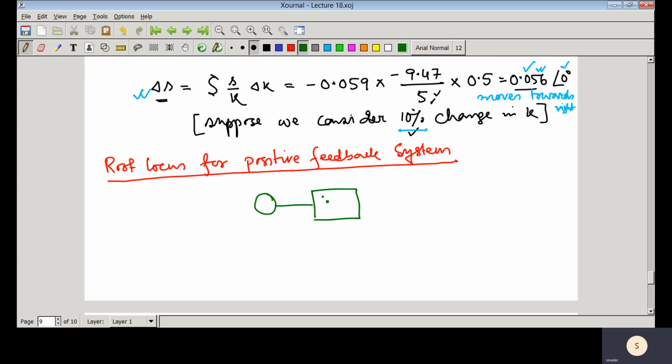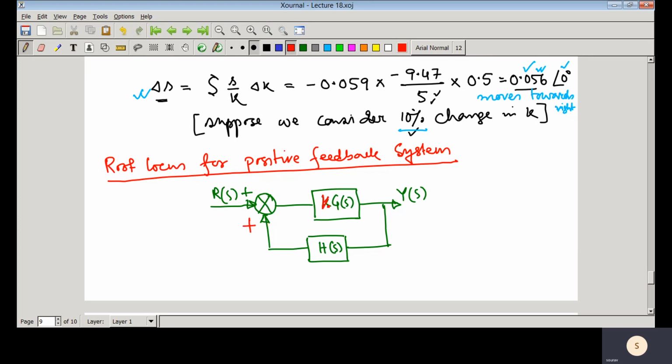So let us first consider the closed loop control system, that is K of G of S, and here you have H of S, and this is Y of S. Here this is the command input, and here you can see this is the positive feedback.